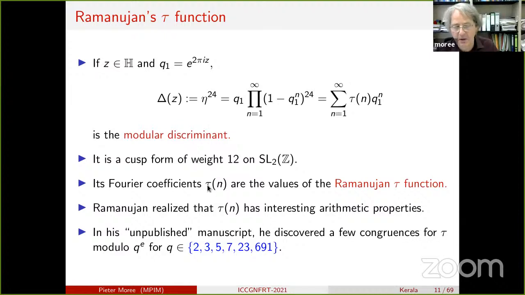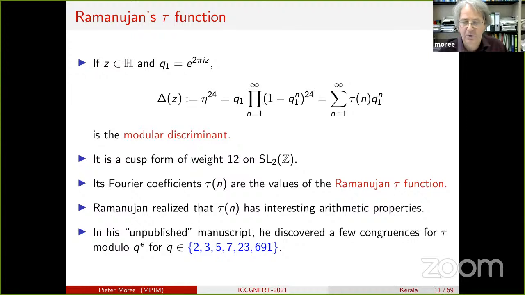It's the easiest example of a modular form. It's of weight 12. It was known before Ramanujan, maybe 30 years already. But the interesting thing was that Ramanujan was very interested in the arithmetic properties of the coefficients. So basically, he was the first one to seriously think about the properties of those coefficients.